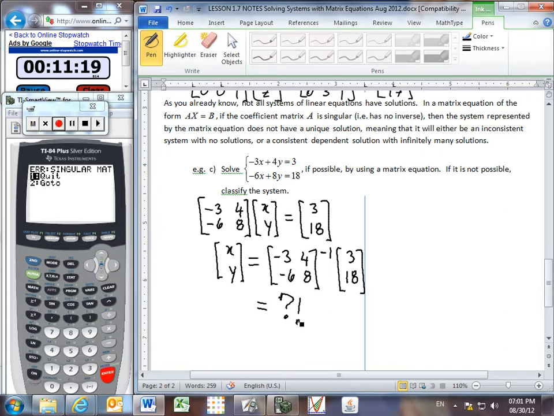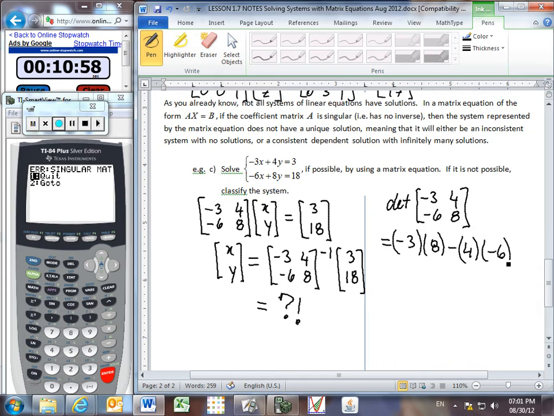So if you have a look at our original coefficient matrix for a moment, and we calculate the determinant of it, -3, 4, -6, 8. You know how to do a 2x2 determinant. We'll take the product in this direction, -3 times 8, and we'll subtract the product in the other direction, 4 times -6.